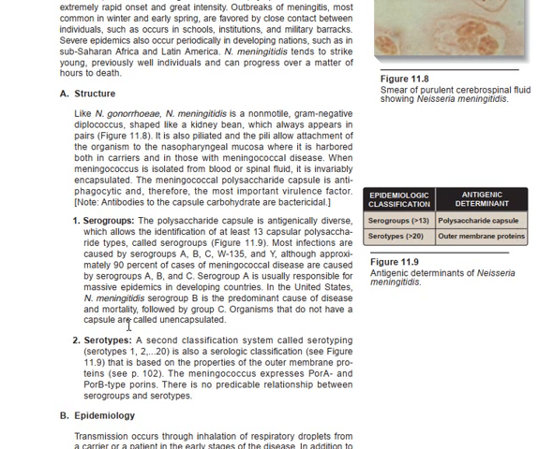For the serogroups, as I've said, the polysaccharide capsules account for the different serogroups. Is it clear? For the serotypes, the outer membrane proteins account for the different serotypes. For the serogroups, we have serogroups A, B, C, W, and even Y.